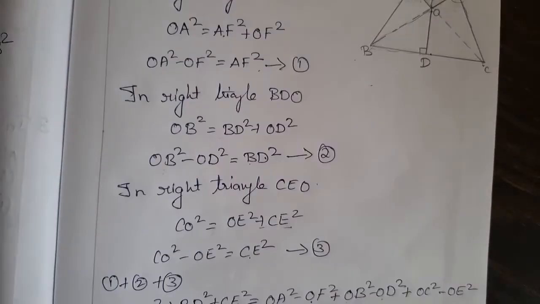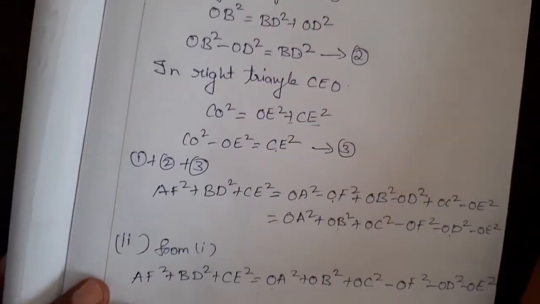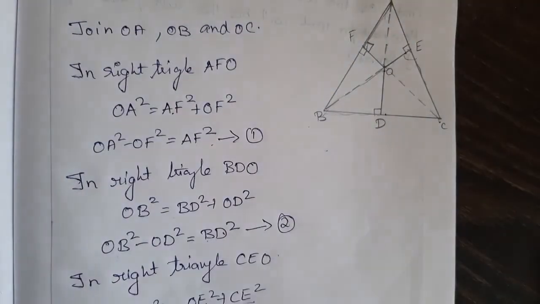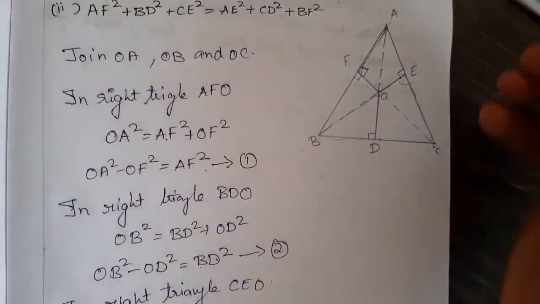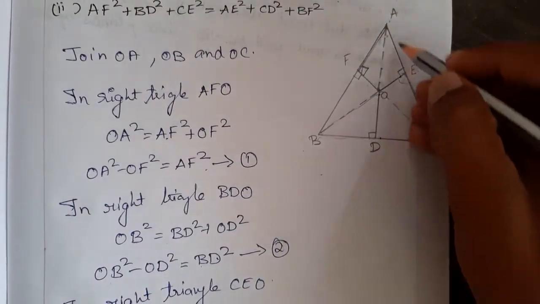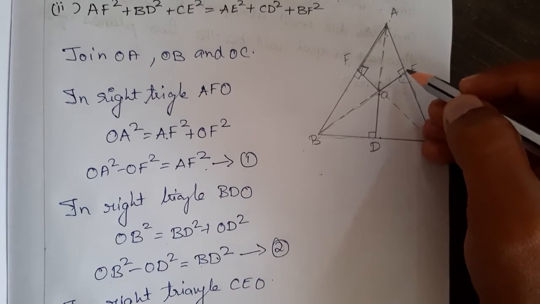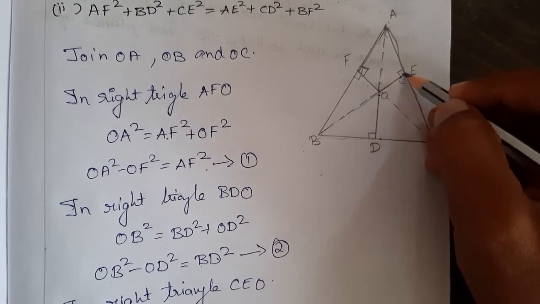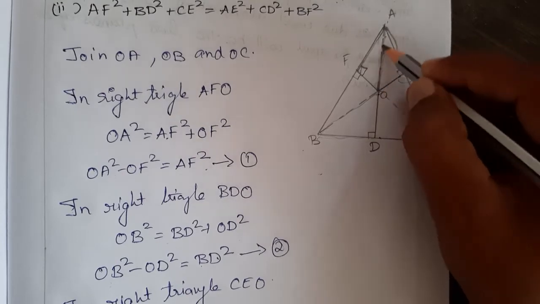Like the Pythagoras theorem, we can say this. We can get one of the things as OA. So OA and OE are also there, and AE. This is the right angle and this is the hypotenuse.